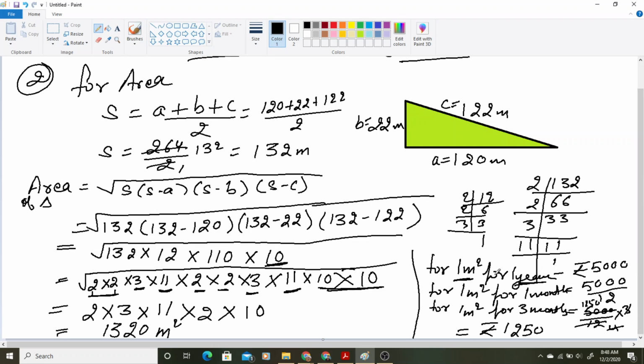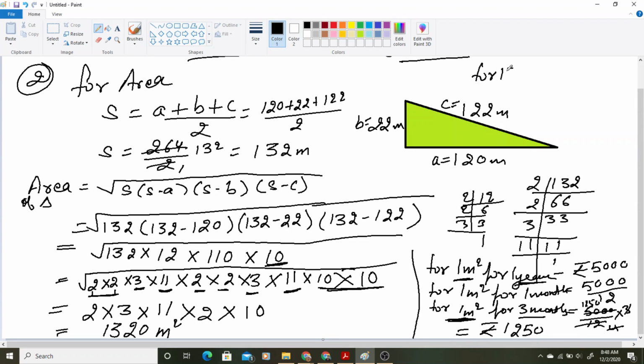That means see, देखो ये ध्यान से देखो, if the area is 1 meter square and they are hiring for 3 months, they need to pay 1250. But how much area are they having? They are having 1320 meter square area. So for that much area, how much will they be paying?